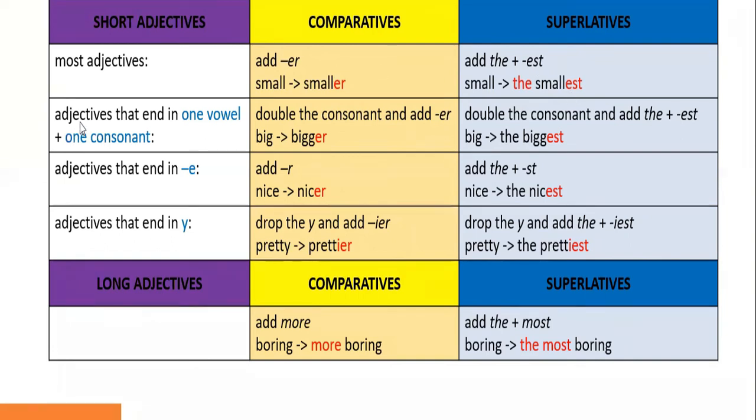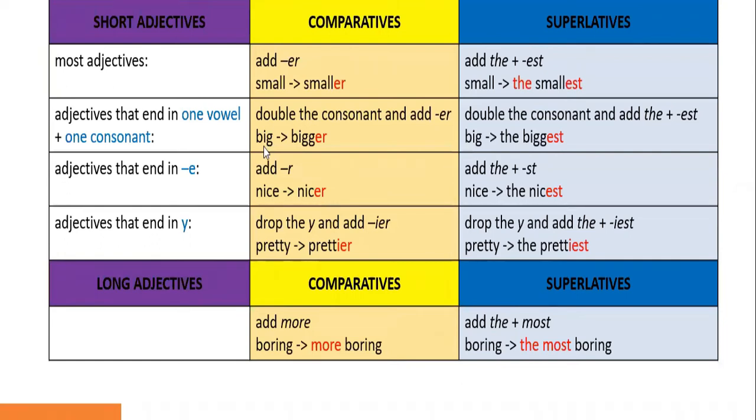But what happens when we have an adjective that ends in one vowel plus one consonant, for example, big? What is the final letter in big? G, okay? G is a consonant or a vowel? A consonant. And what letter comes before the letter G?